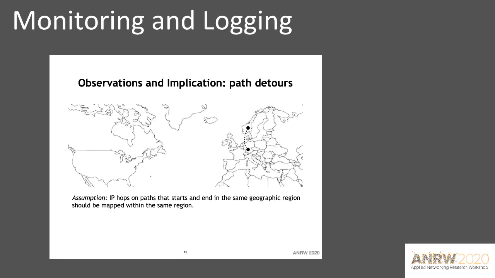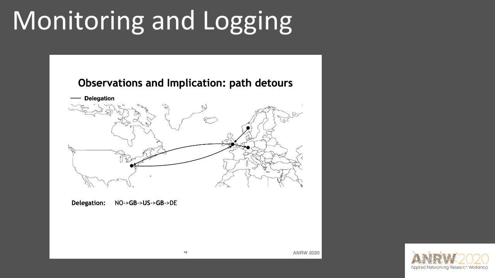Using our looking glass approach, we actually geolocate the IPs that cause this path thromboning in Norway. So, in this case, the false positive is caused by an inaccurate IP to country mapping in the MaxMind dataset. To analyze path detours, we consider IP paths that start and end in the same region.